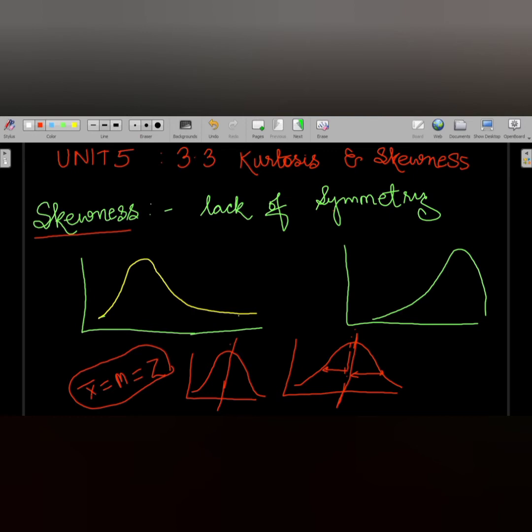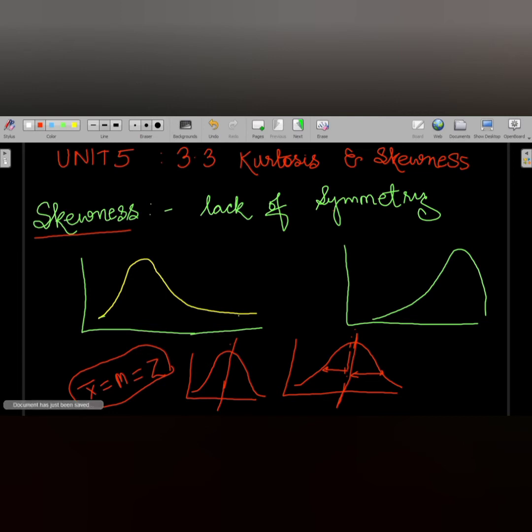But what if the mean is not equal to the median, or the median is not equal to the mode? Either the mean will be greater than the median or it can be less than the median. So we'll understand the situations where the median is less than or greater than the mode.